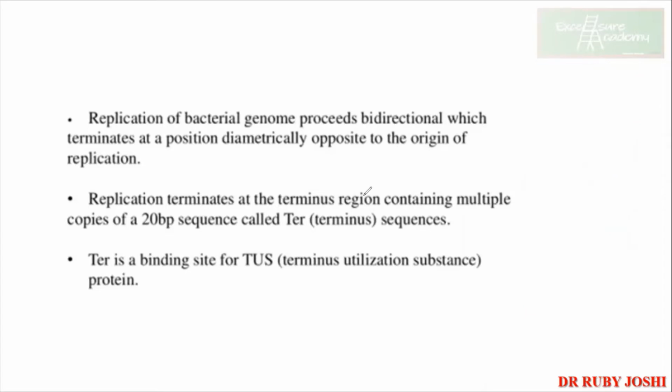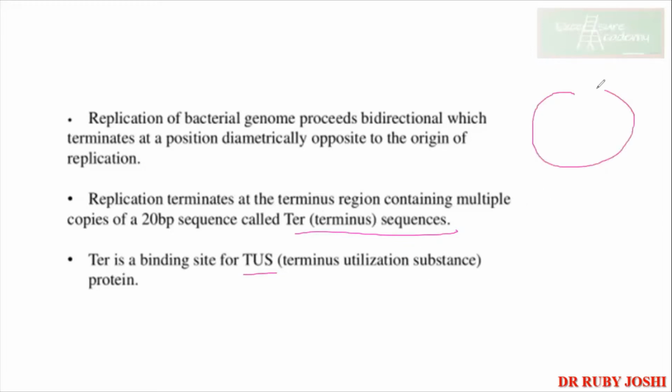So replication terminates at a terminus region containing multiple copies of 20 base pair sequences called ter sequences or the terminus sequences. Now this has got the protein which goes and binds. It's called TUS. That is terminus utilization substance protein. So अभी क्या है?